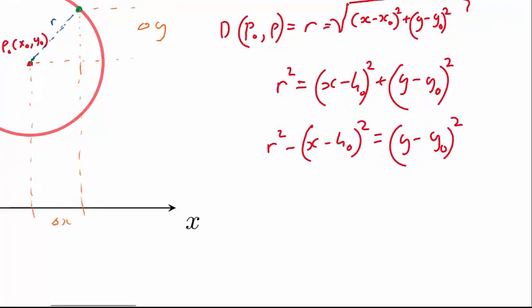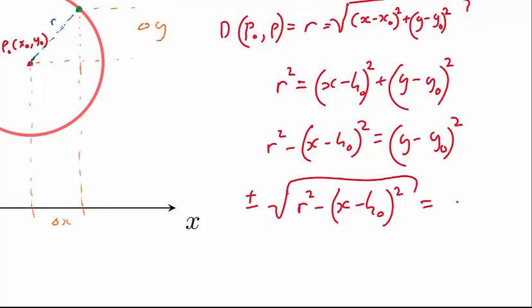And now we take the square root of both sides, positive or negative: plus or minus the square root of r squared minus x minus h naught, quantity squared, equals y minus y naught. So now I just need to add the y naught in there.